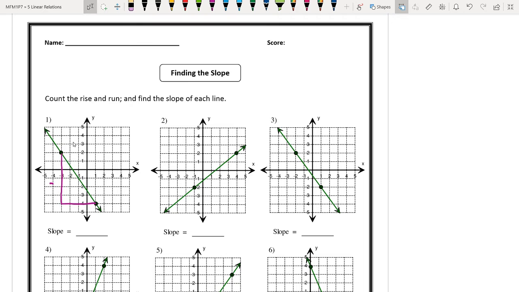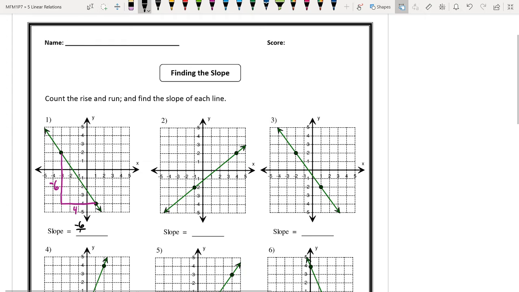I'm going to have you think of it that way for a moment. I went down 6. From 2 to -4 is going down 6. And now I'm going to go from -3 to +1. If I go from -3 to +1, that is going up 4. So in that case, I end up with -6/4.